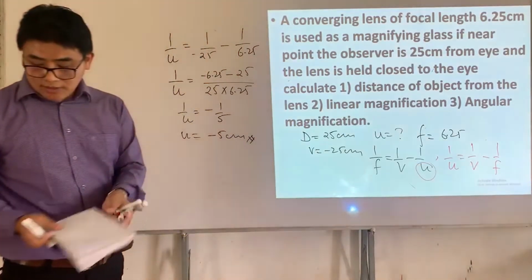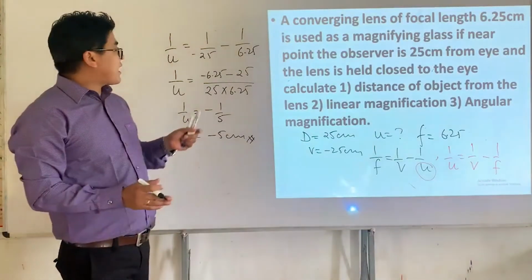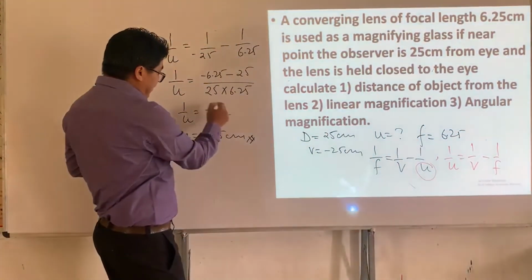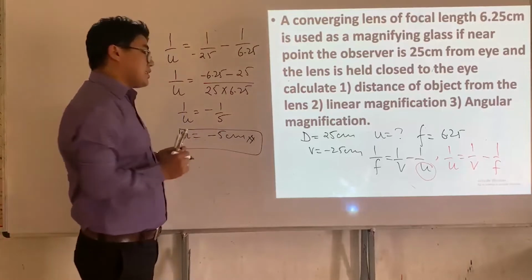So you do this calculation, I won't take much time. You will get finally 5, so therefore U is equal to minus 5.